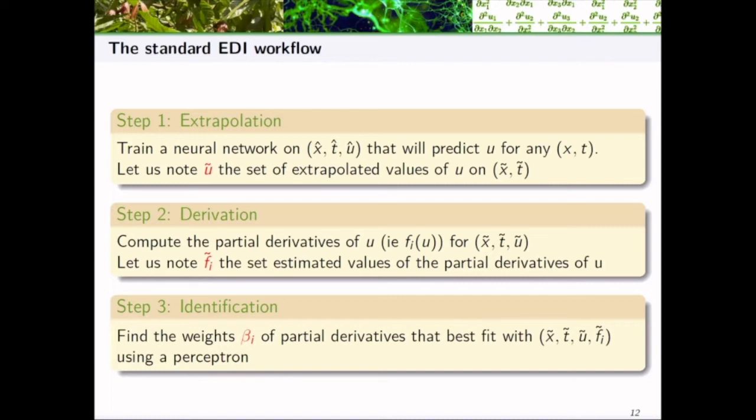Second, given the extrapolated values of U, we compute the Fi values on many points at a user-selected scale, usually on a regular grid. This is the derivation step. Third, we compute the weights beta i by training a neural network on the set of F tilde at every selected point. This is the identification step.